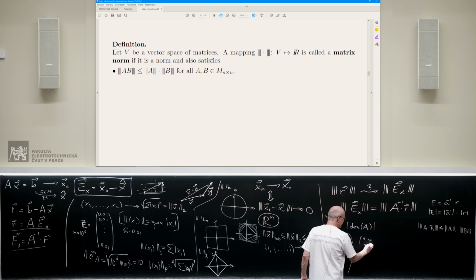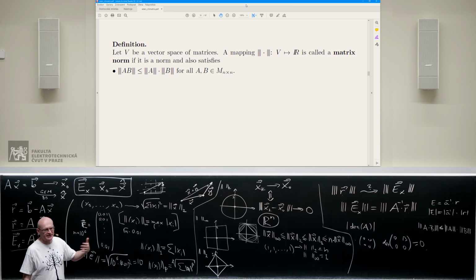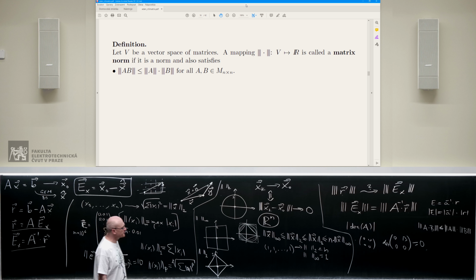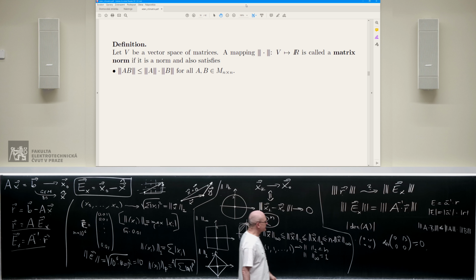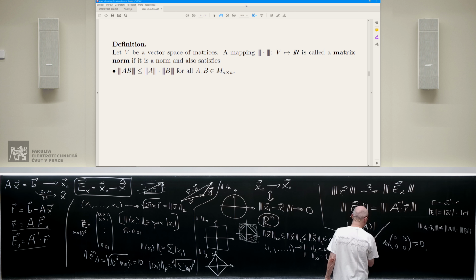For instance, when you take a matrix like that, this matrix is not a 0 matrix, definitely not. But when you calculate the determinant, you get 0. So this spoils the idea that determinant somehow could lead to a magnitude for matrices. No, we cannot measure matrices in the way of determinant.